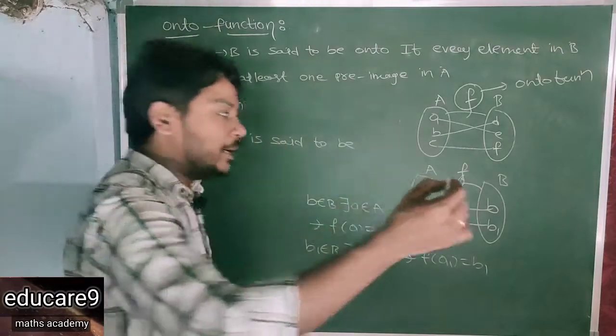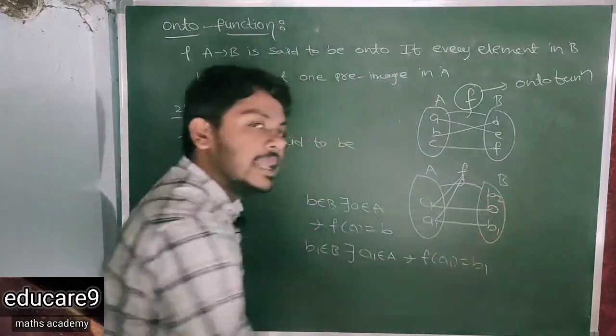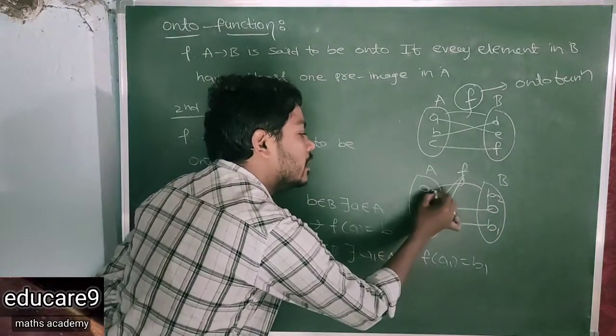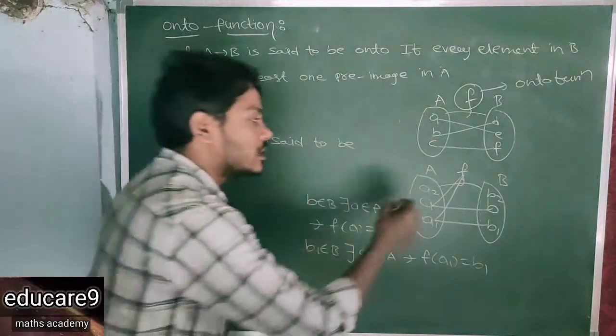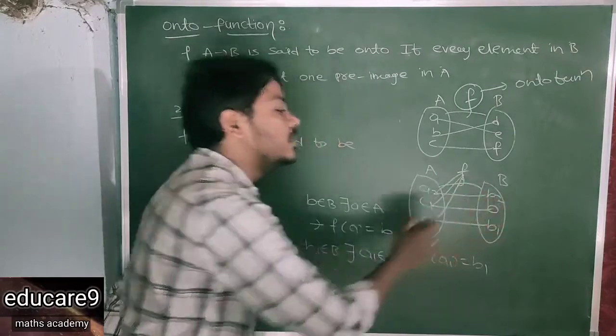For example, b2 belongs to B. There exists some element a2 belongs to A, such that f of a2 is b2.